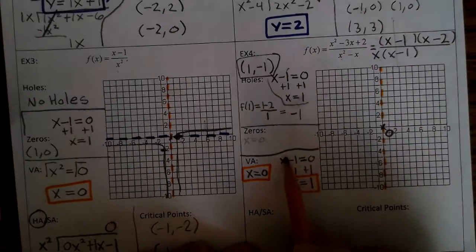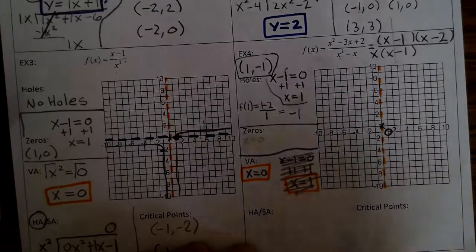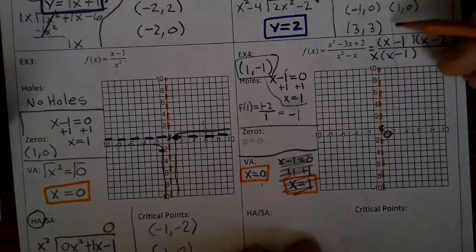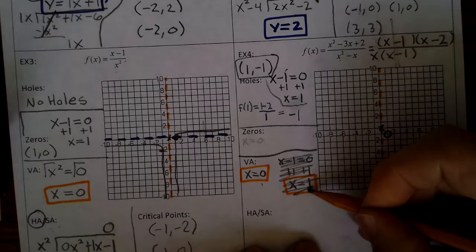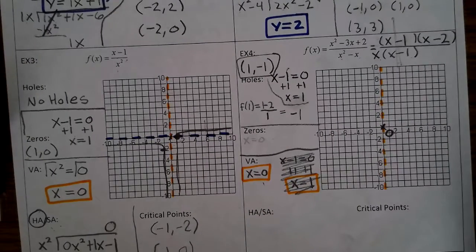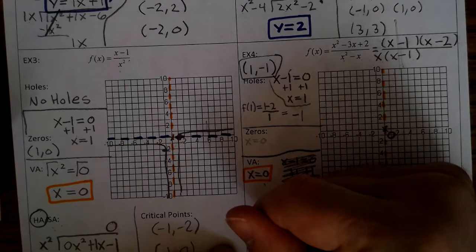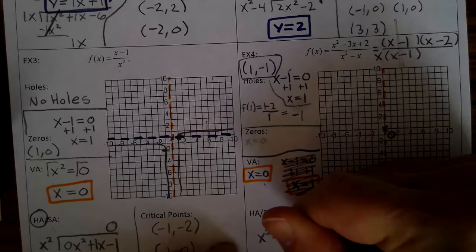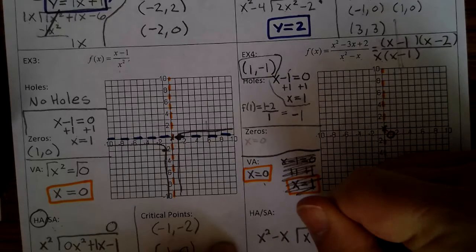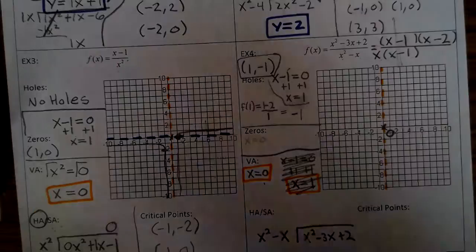Now, for the horizontal asymptote, we divide x squared minus x into x squared minus 3x plus 2. Okay? Then you ask yourself, well, what do you multiply x squared to give you x squared? The answer to that is 1. There's no x, so it's a horizontal asymptote at y equals 1.